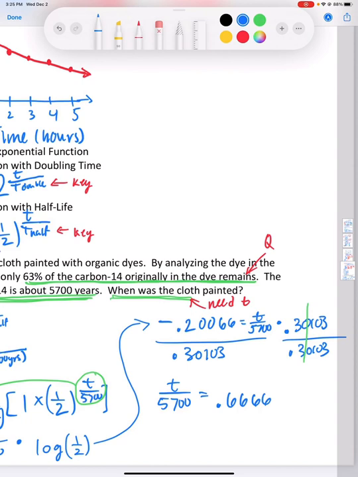Then when we multiply by 5,700, T is going to equal 3799.48, or approximately 3,800 years.